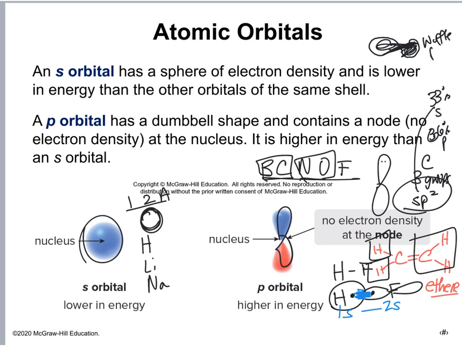If you've ever seen one of those, you have kind of more p, but it's still kind of an s orbital. Each one of these bonds is more like a wiffle ball shape, and that's how the overlap and the shape form that carbon-carbon double bond.